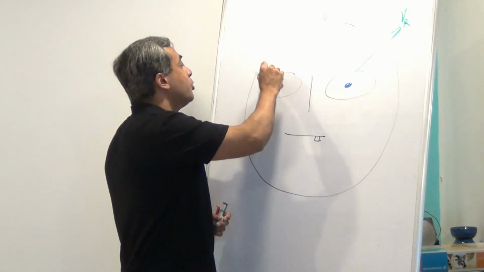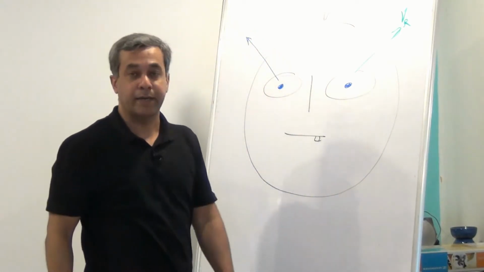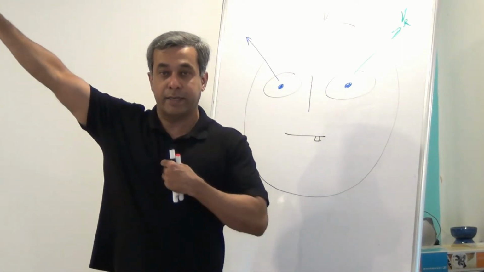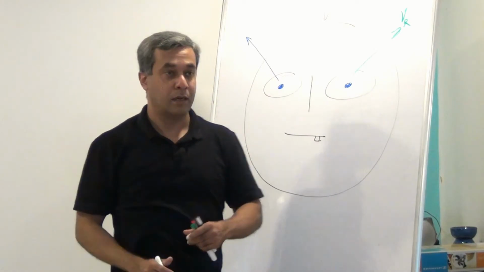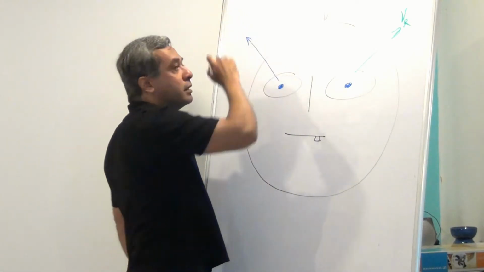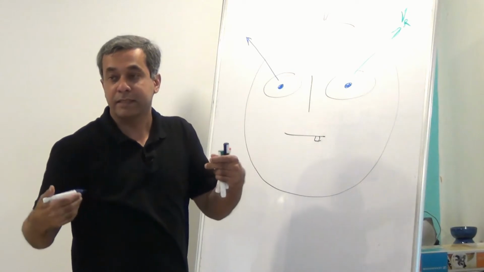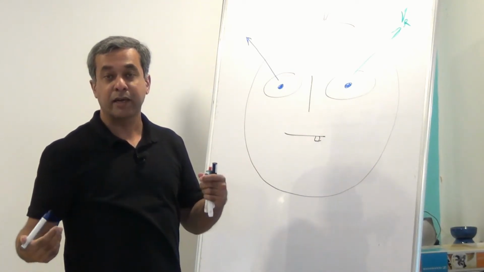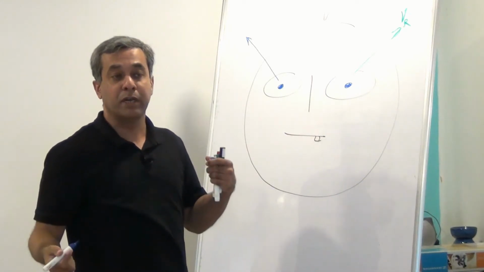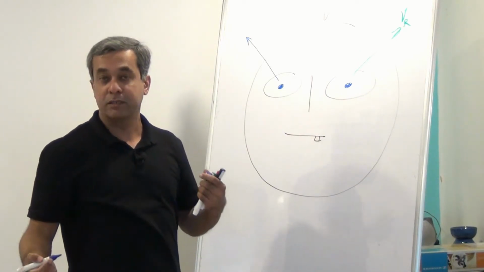If the eyes are going up to their right, my right, up right, this indicates that the person is accessing visual imagination, which means they are constructing a new visual image, something that they have not seen before.